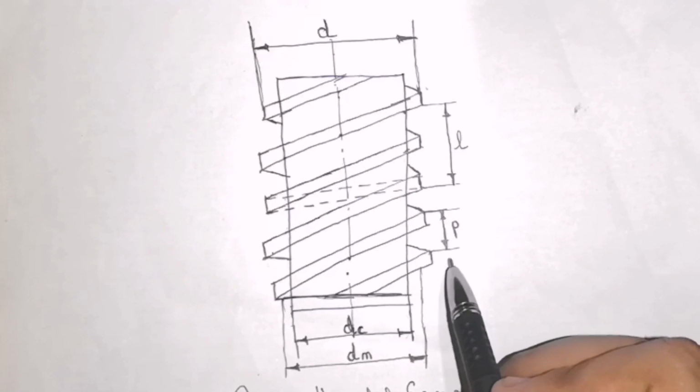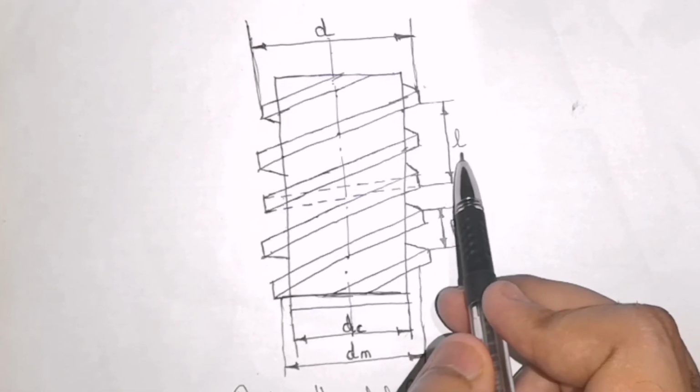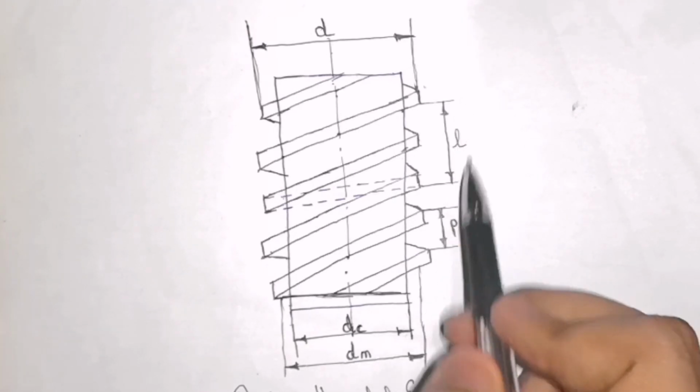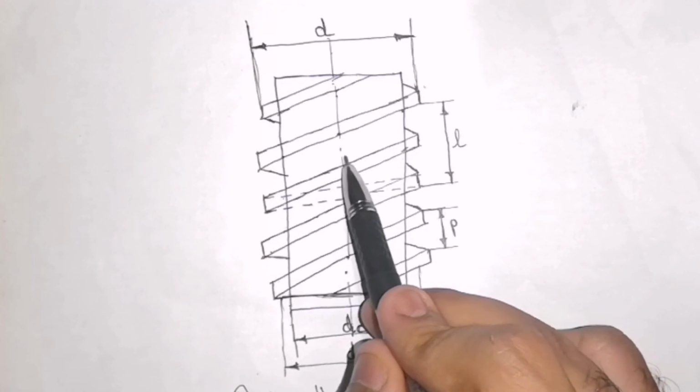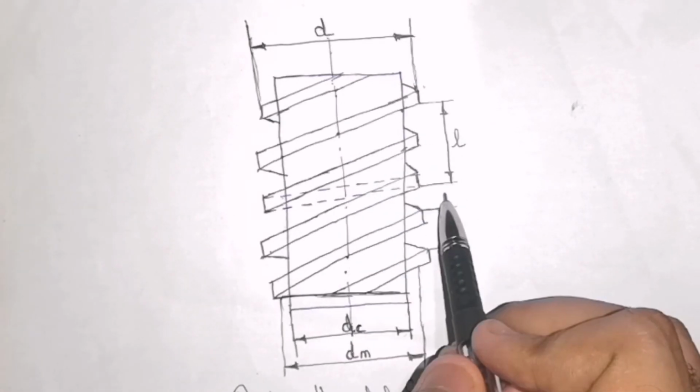The next terminology is the lead. It is denoted by small l and is defined as the distance measured in the direction parallel to the axis of the screw which the nut advances in one revolution of the screw.